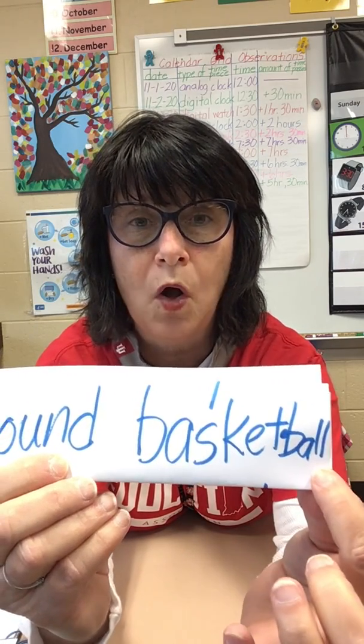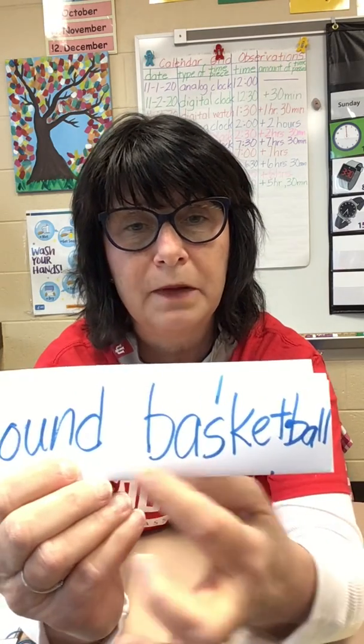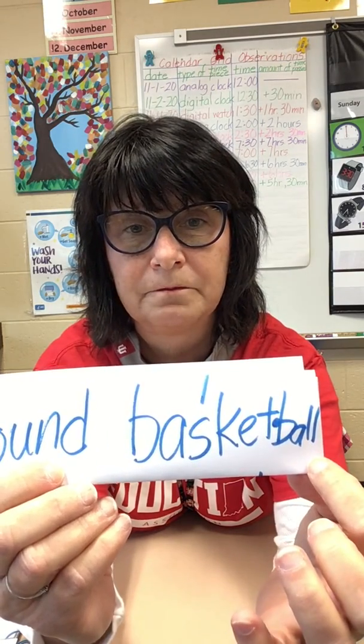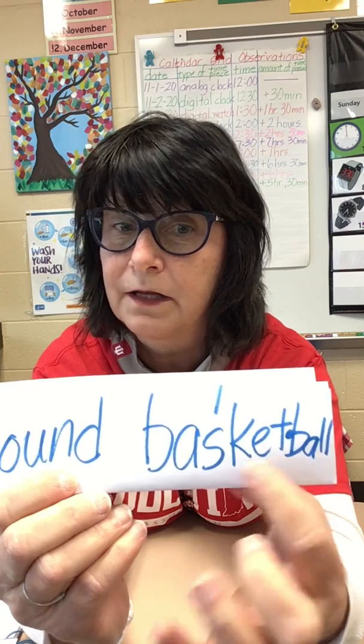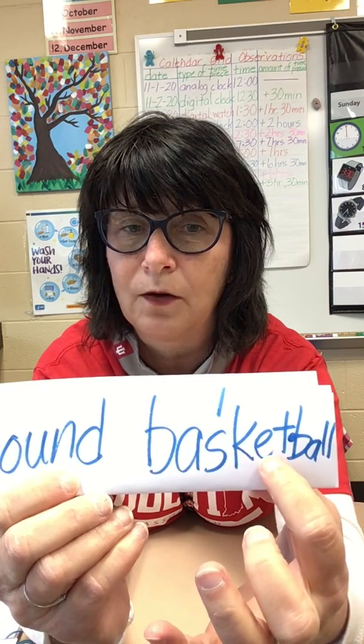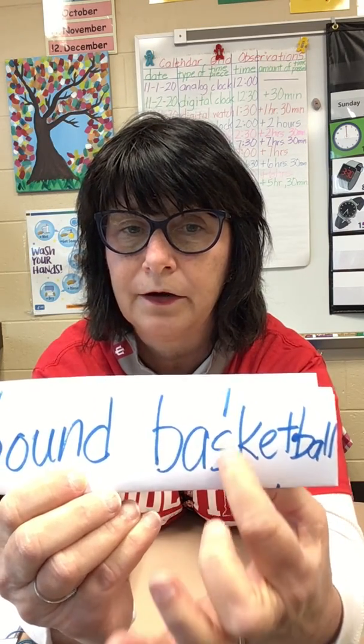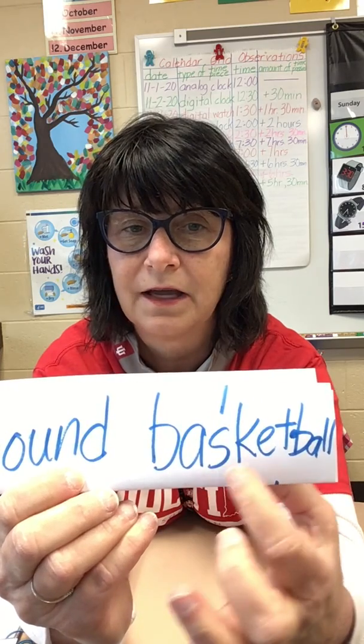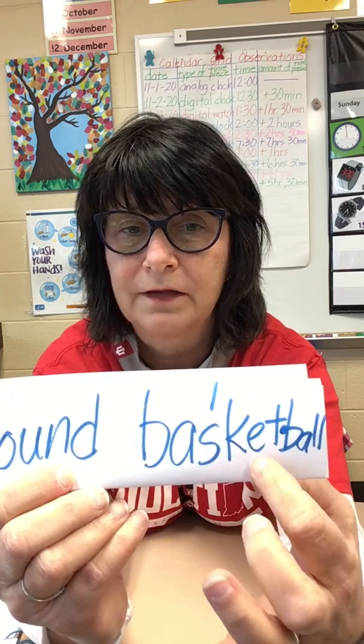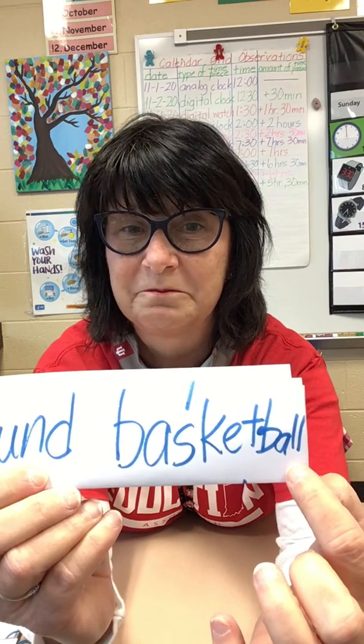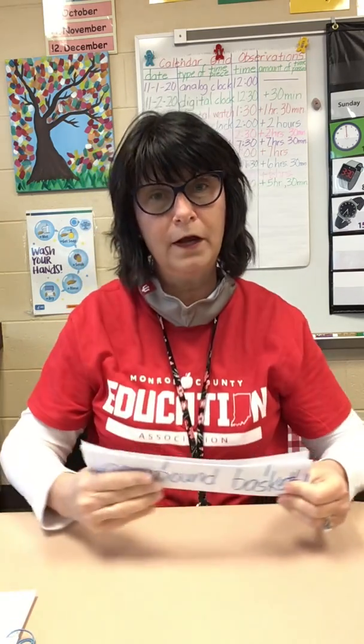And I know ball. So I can put them together to make basketball. If I still wasn't sure of basket, there's vowel, consonant, consonant, vowel. So you could divide it right here. Basket, basket, ball.